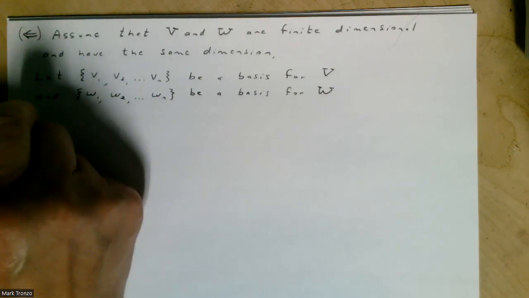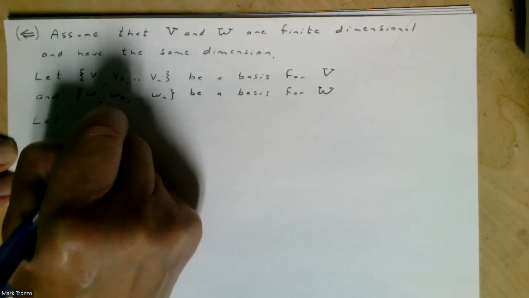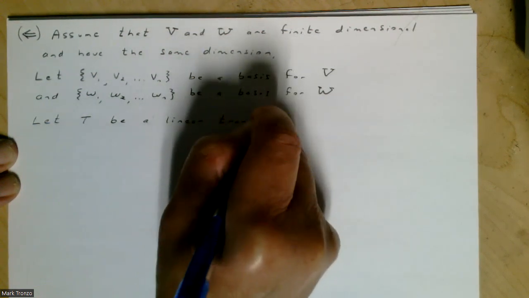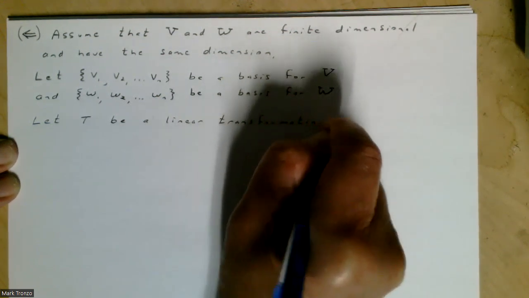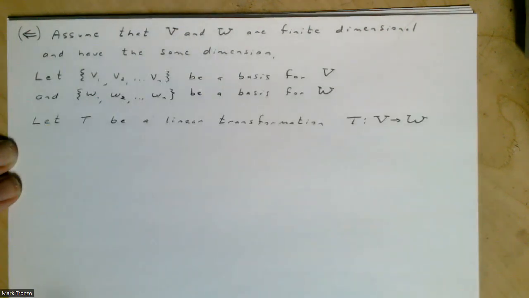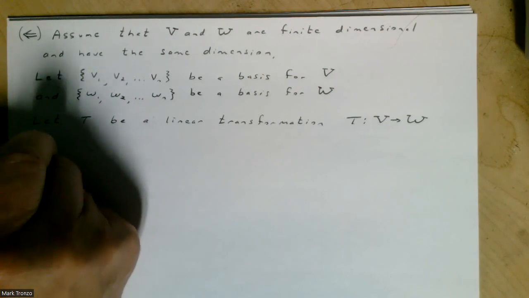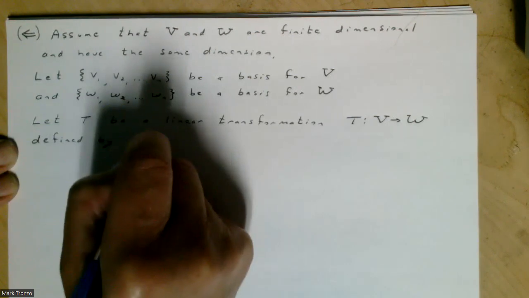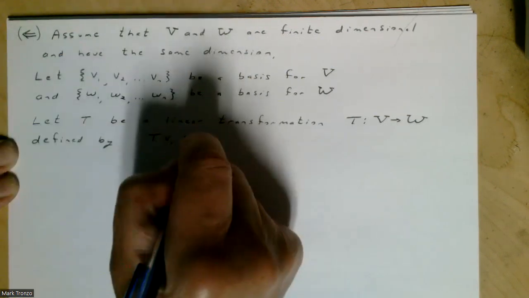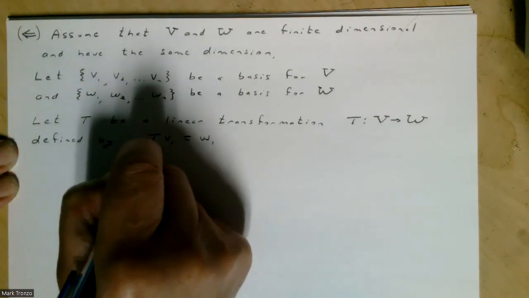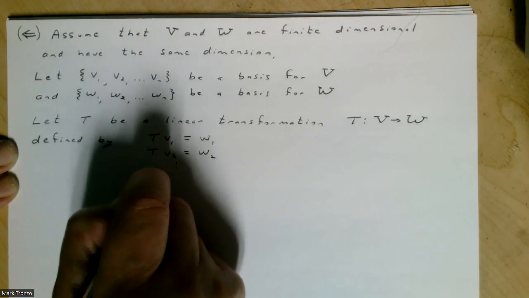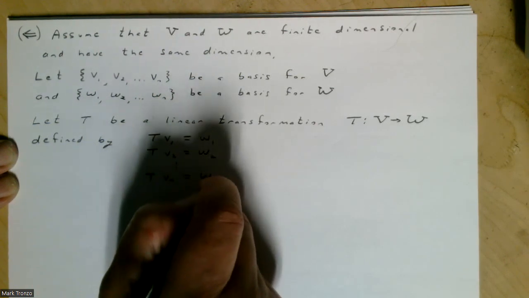And so now let T be a linear transformation, and let's assume T goes from V to W, defined by T takes the first basis vector V and maps it to the first basis vector W. The second basis vector V, the second basis vector W, all the way through for all the basis vectors.